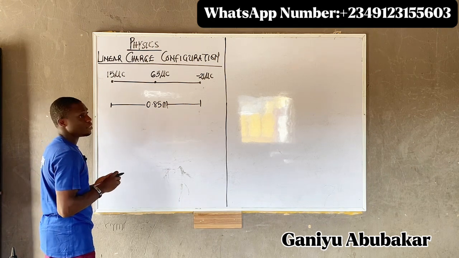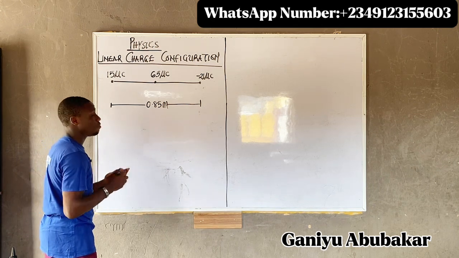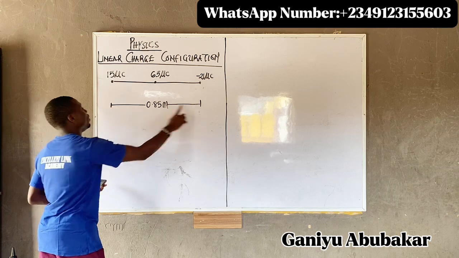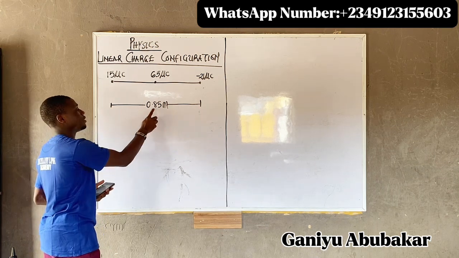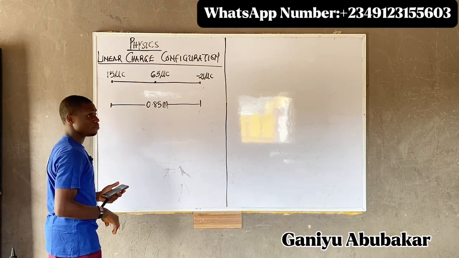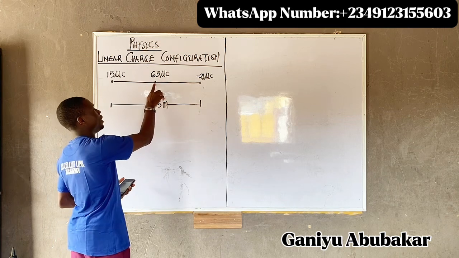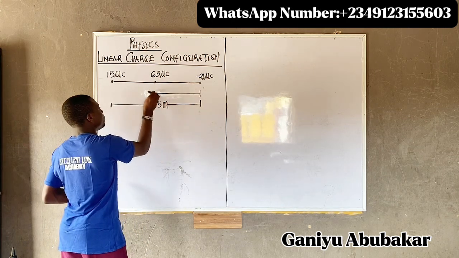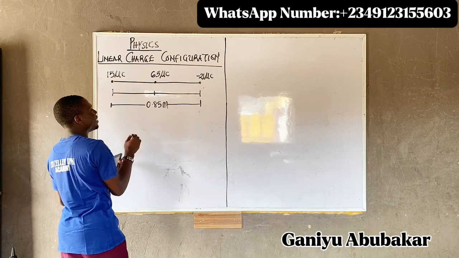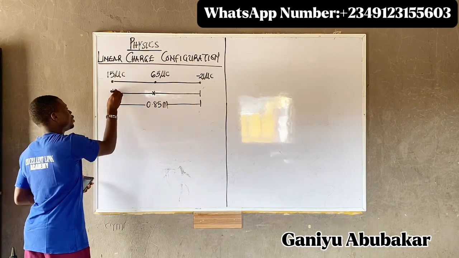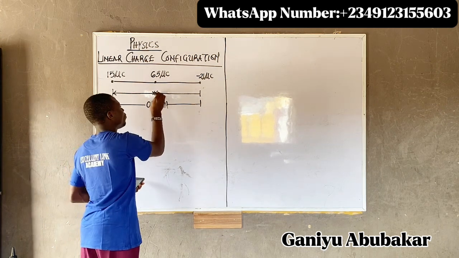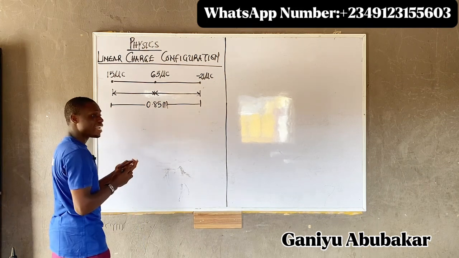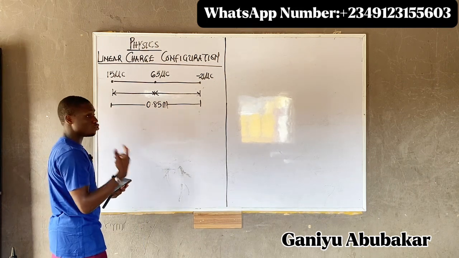Next, look up, please. This whole distance is of course 0.85 meters. If I share the distance between this point and this point, what will be the exact distance from this point to the center, and from the center to the other point? It's easy: divide by 2.